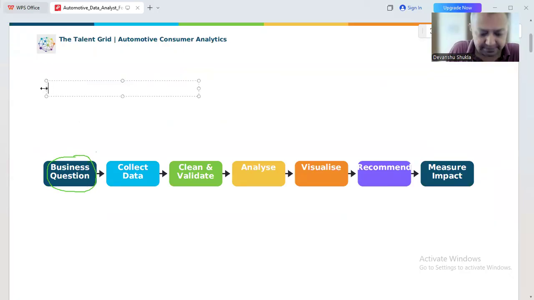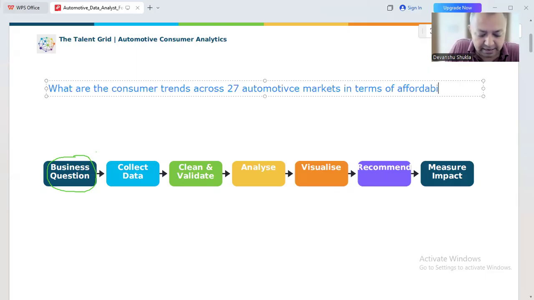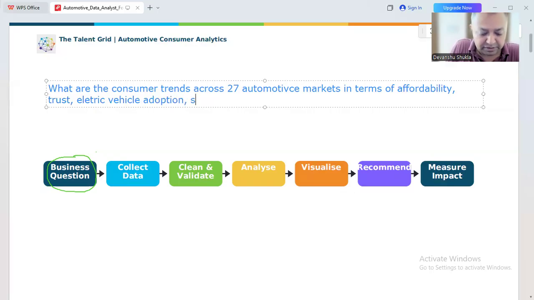So the business question is, what are the consumer trends across 27 automotive markets, in terms of, let's say, affordability, trust, electric vehicle adoption, security, connectivity, apps, and AI.